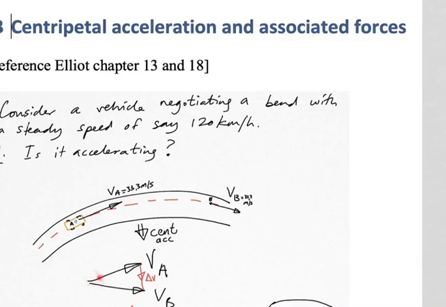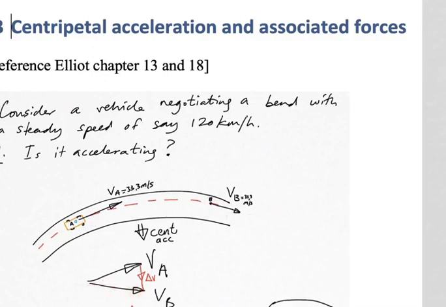So the instantaneous linear velocity has a magnitude of 33.3 meters per second, and it's directed in that direction. Later, when it reaches B, the vehicle has an identical magnitude, but as you can well imagine, the direction of the velocity vector is slightly rotated to the right. So it is now this big.